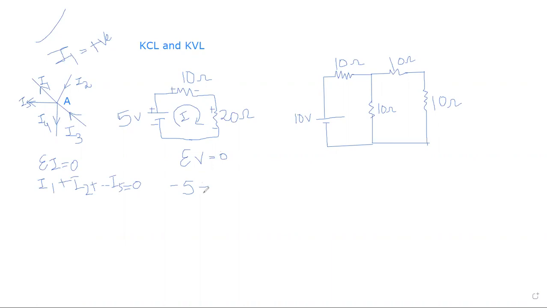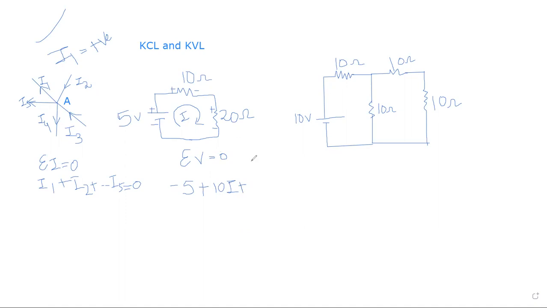It is plus 10. Now 10 into I. Why? Because the voltage drop is calculated as resistance into current. So what is the current? It is I. So I am taking plus 10I. Next, coming in my path, I'm going like this, right?